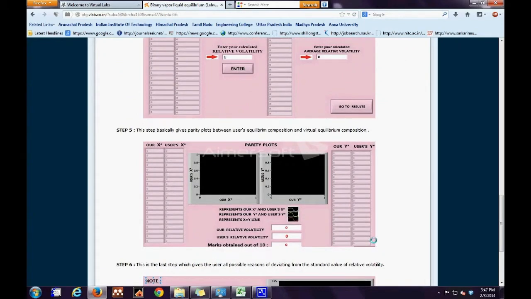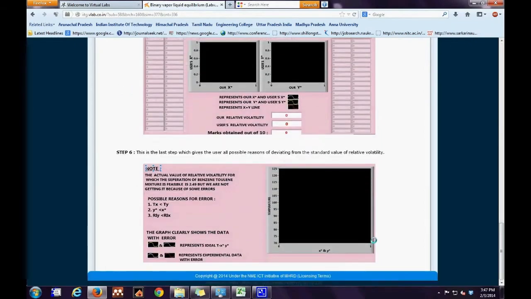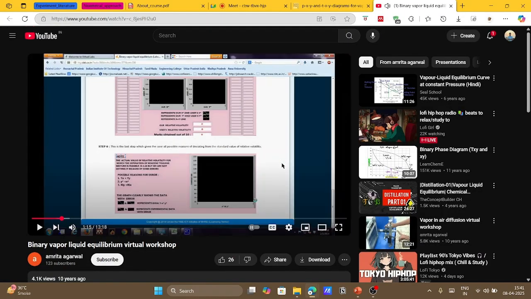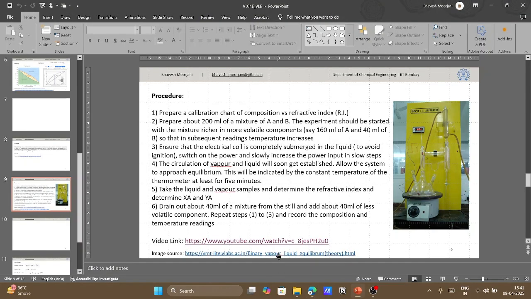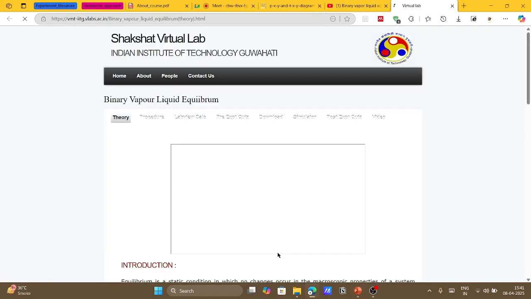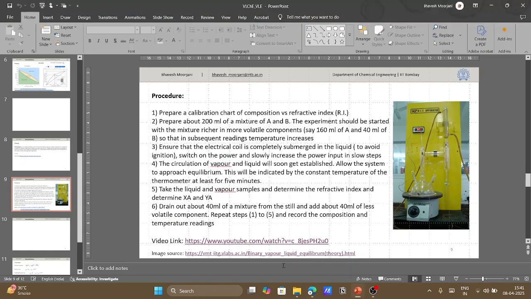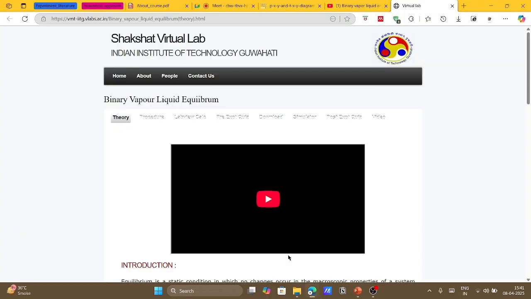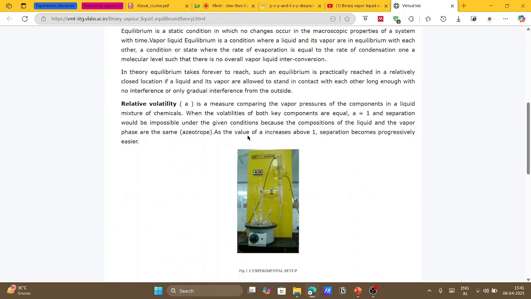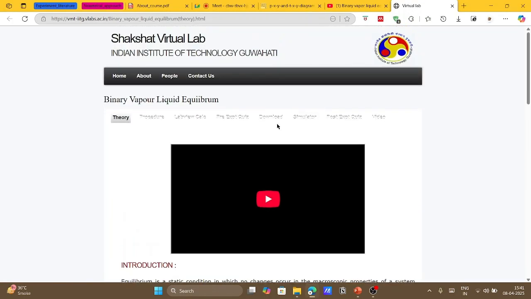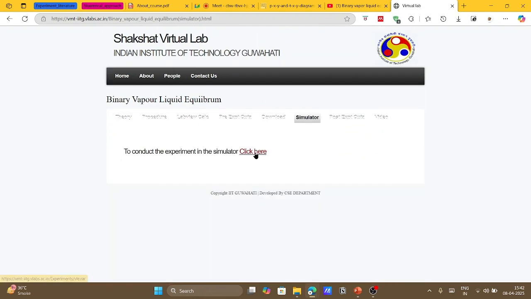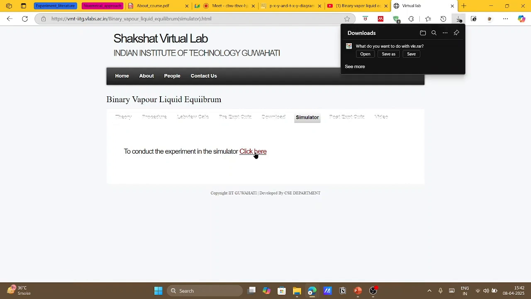Now this setup shown in this video is from the VLab virtual lab developed by IIT Guwahati. If you go into the reference link that is provided here, as of now this setup is not working. For the simulation setup that they have shown, you have to download some files.